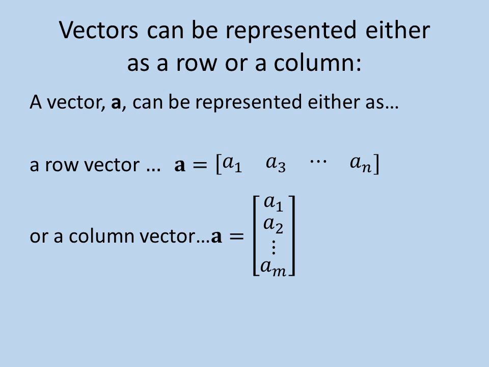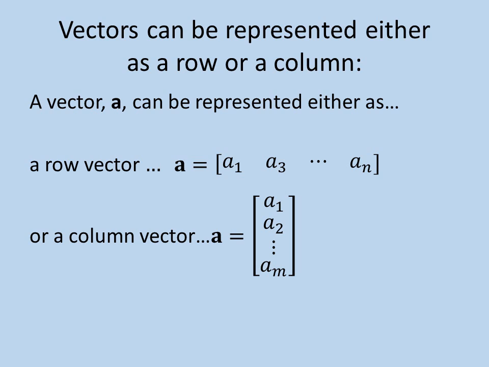Vectors can be represented either as a row or a column vector. For a vector a, and notice I have it in bold but not in a capital letter to represent a vector, that can be represented either as a row vector, where it is a one row by n column vector, or a column vector where it is m rows and one column.